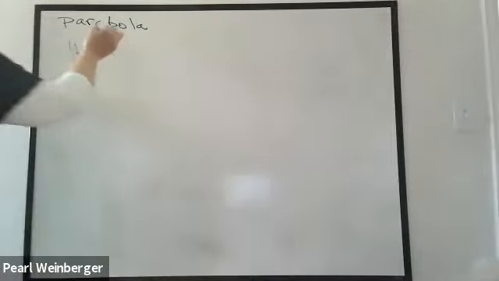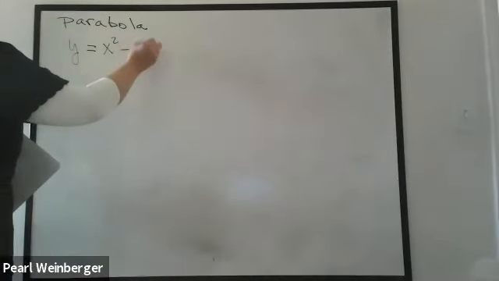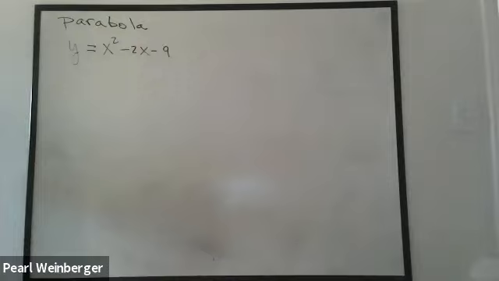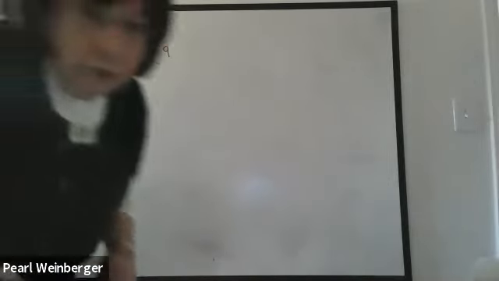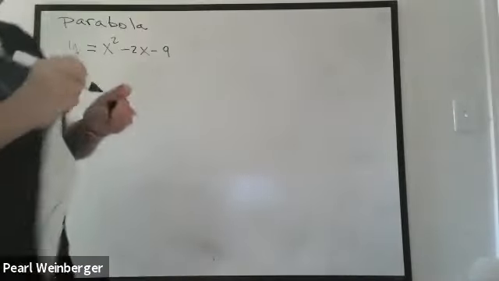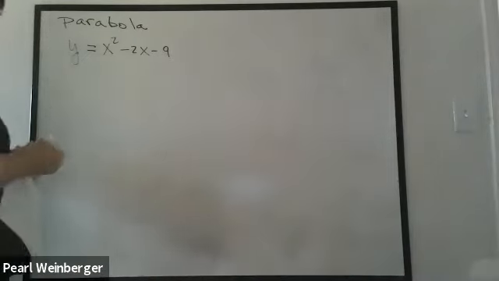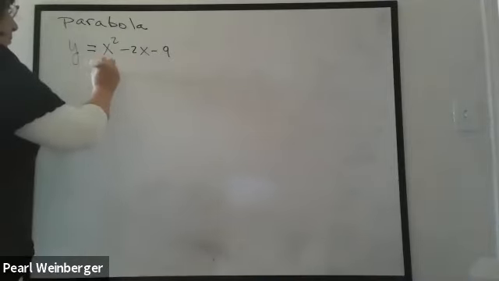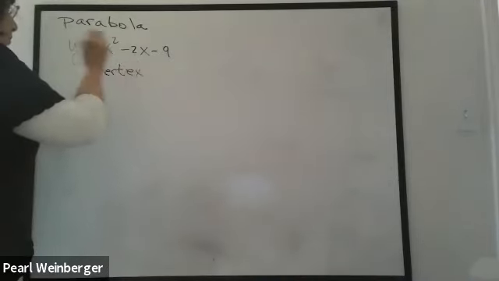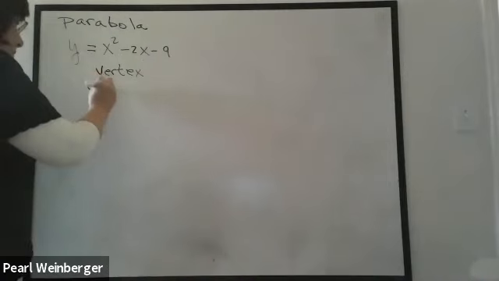I want you to sketch this parabola. It's y equals x squared minus 2x minus 9. Okay, and I definitely want you to find the x of the vertex and the y-intercept.